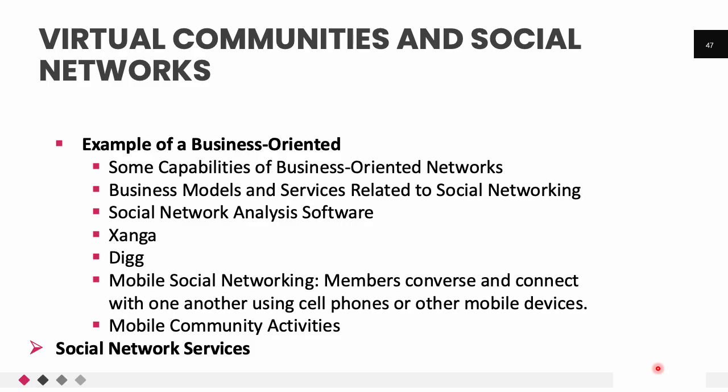And then the last one, okay, it's the social network services. It's a broad category that encompasses all the specific offerings and functionalities provided by a social networking platform, from connecting with friends to sharing content to finding jobs and everything in between. It basically sums up everything these platforms allow us to do. Okay.